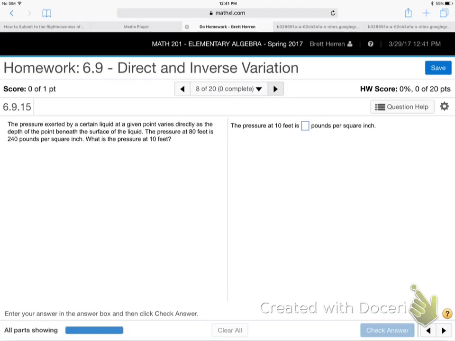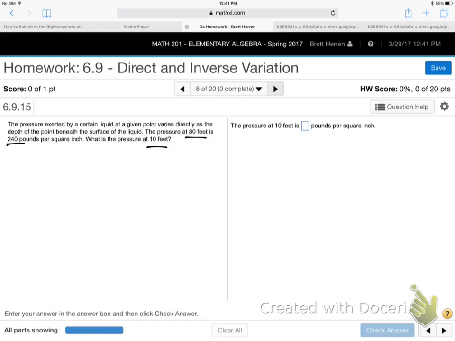All right, try that one. How many numbers do we have? We have 1, 2, 3: 80, 240, 10. So you know what to do. You don't even need to read all the words.